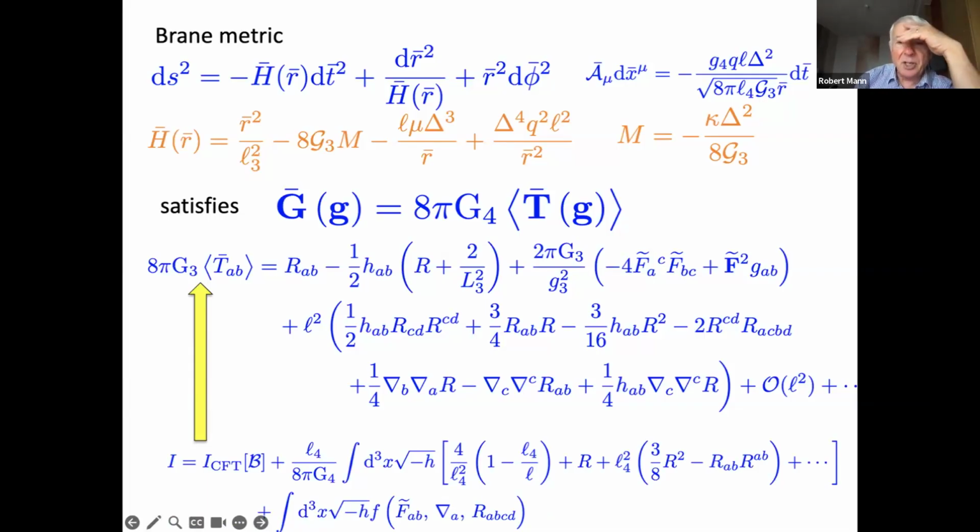But then these higher curvature corrections are induced from the quantum corrections due to the CFT. And there is also a nonlinear function that depends on the electromagnetic field strength and the curvature in 2+1 dimensions, the Riemann tensor in 2+1 on the brane.